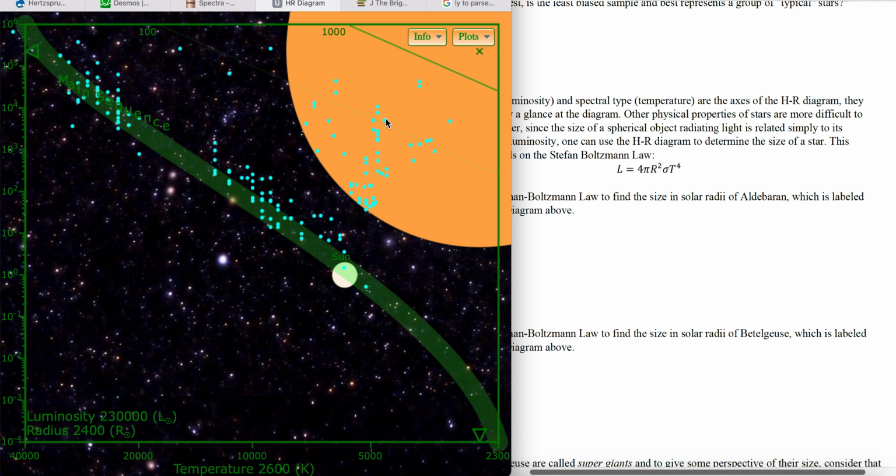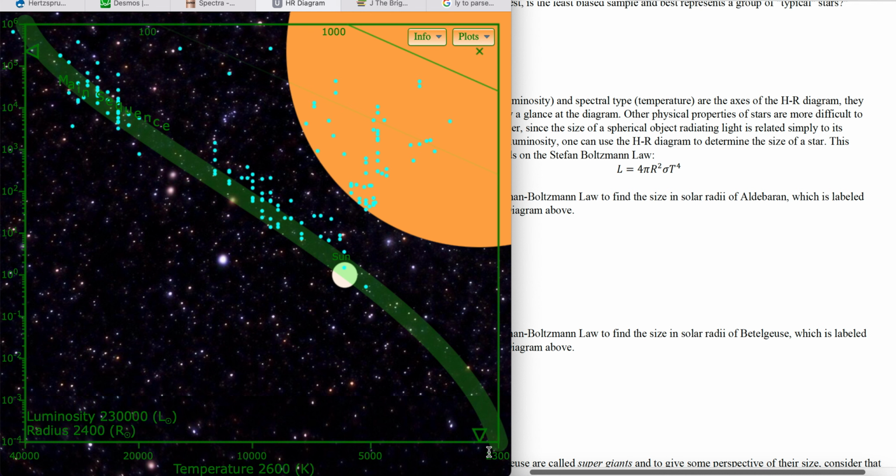But to have a star that's 230,000 times more luminous, so 230,000 times the wattage of our sun, well, that would require that that particular star has a radius that's 2,400 times the radius of our sun, at this temperature of about 2,400 Kelvin. So that's interesting. That's telling me that for this fairly cool star, it would have to be huge, 2,400 times as big across as our sun in order to be that much brighter.